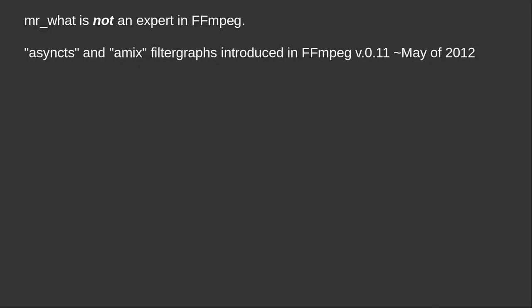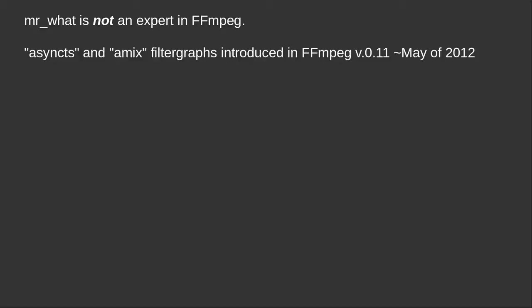Okay, now concerning these filters, both asyncts and amix were introduced into FFmpeg in version 0.11 in late May of 2012. Depending on your distro, if you have a version of FFmpeg that is 0.11 or higher, you should, or at least might, have these filters available.